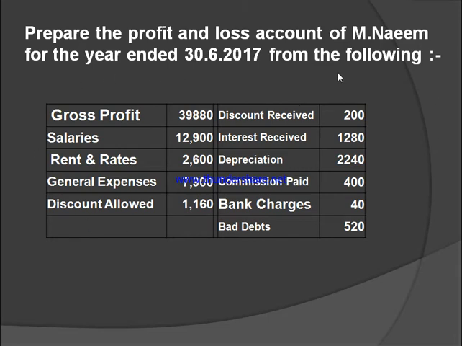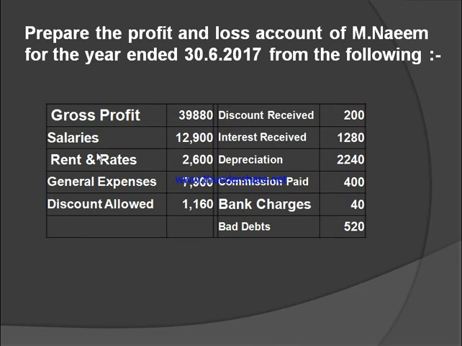With the help of these balances, we have to prepare the profit and loss account of Mr. Naeem. Gross profit. This is the outcome of the trading account. We will start the profit and loss account with this figure.